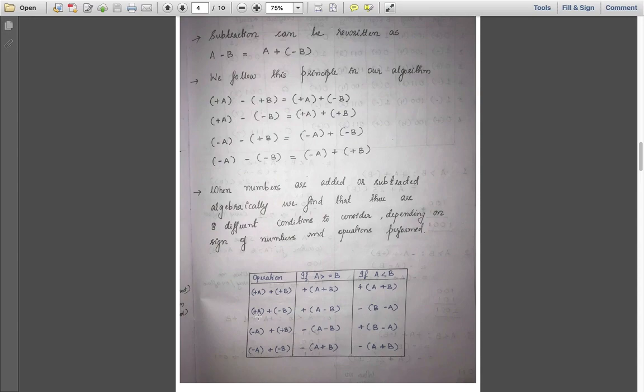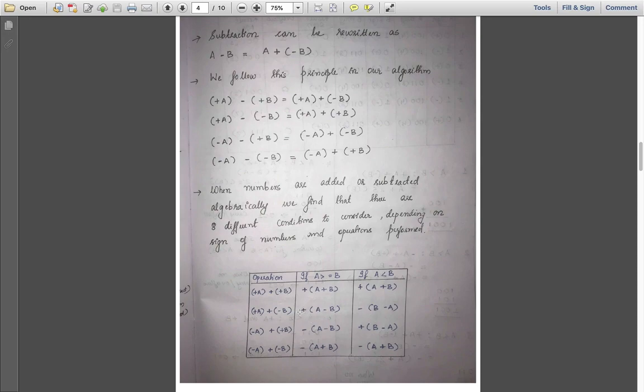Now for the operation A plus minus B, if A is greater than B, then what should you do? You should do a subtraction of A minus B. That is, B should be subtracted from A and a positive sign should be given because A has the greater value and A is positive, right?